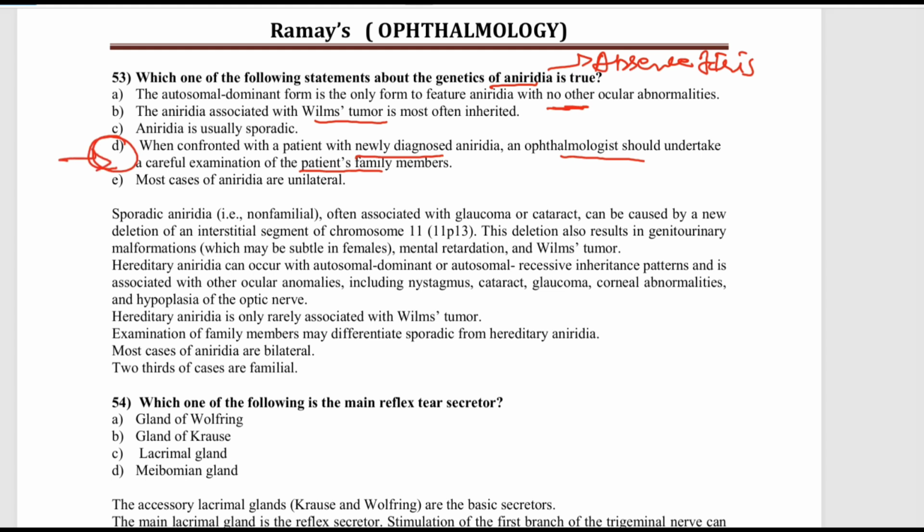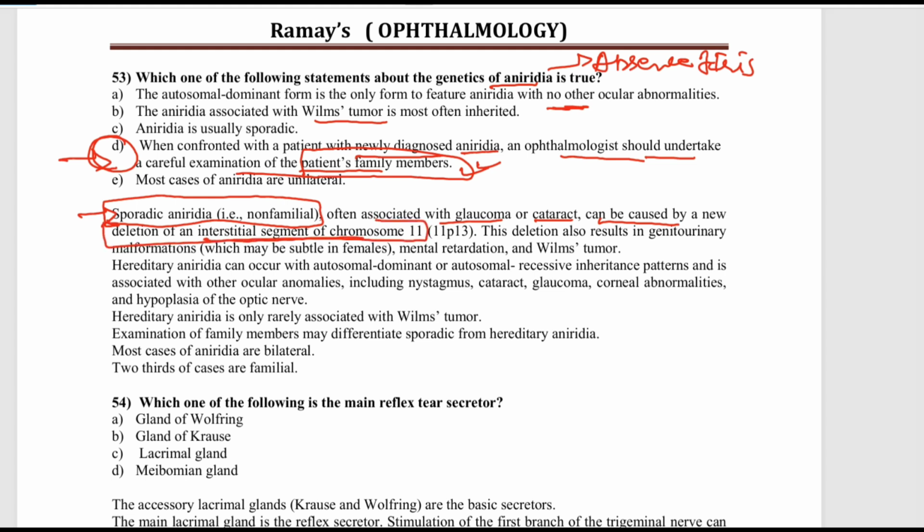When confronted with the patient with the newly diagnosed aniridia, an ophthalmologist should undertake careful examination of the patient's family members. So why are the other options wrong? Let's study that there is sporadic aniridia, which is the non-familial, means non-hereditary, is often associated with glaucoma, cataract, and can be caused by a new deletion of the interstitial segment of the chromosome 11.